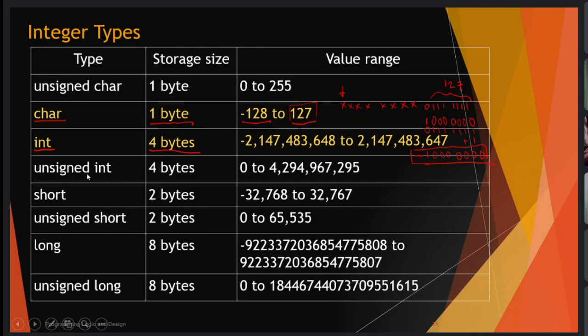Does that mean when you use unsigned modifier with int, it will increase the range? Okay, did it increase the range, guys? You will see that the positive range increases, but as you can see again with unsigned int, wala siya'y negative nga value. Puro positive.